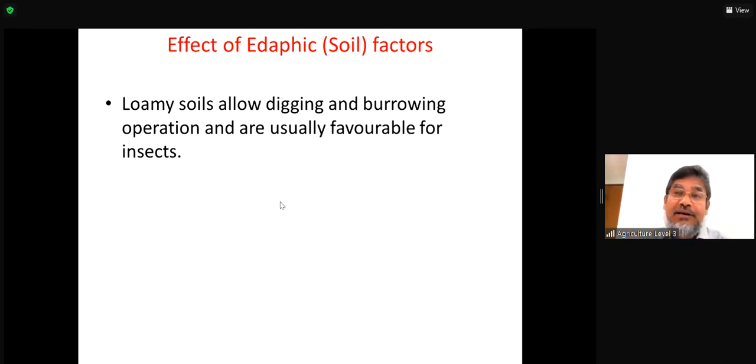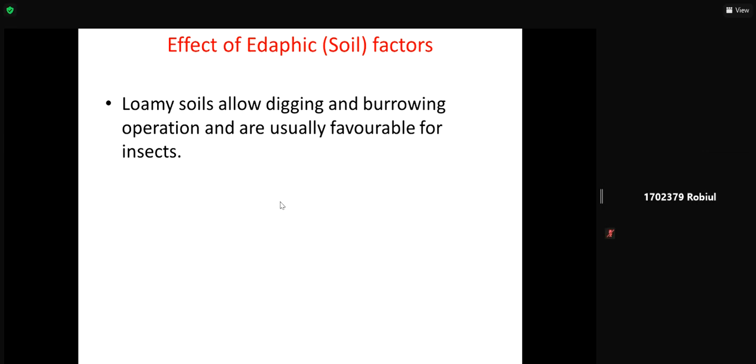Sandy loam, loamy soils, clay soils, different types of soil textures you have studied. So we can say that loamy soil is favorable for most insects.